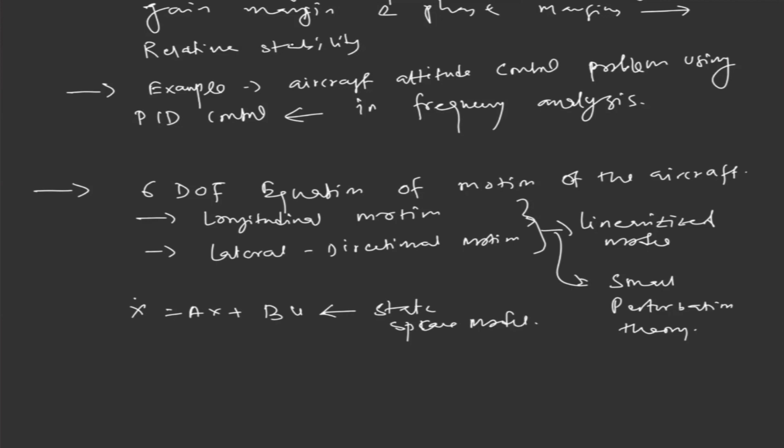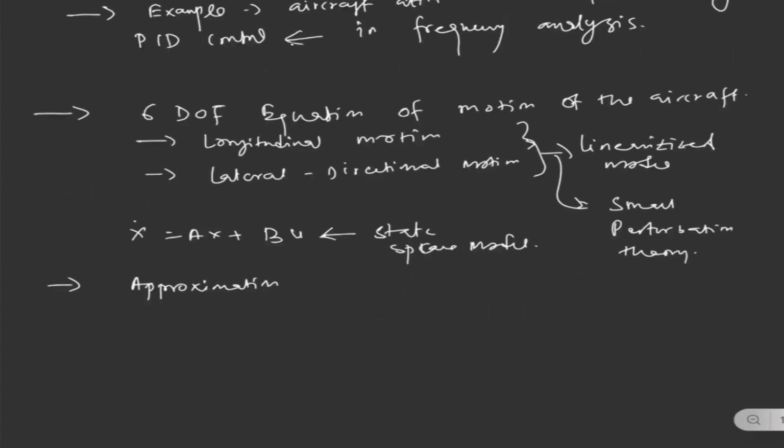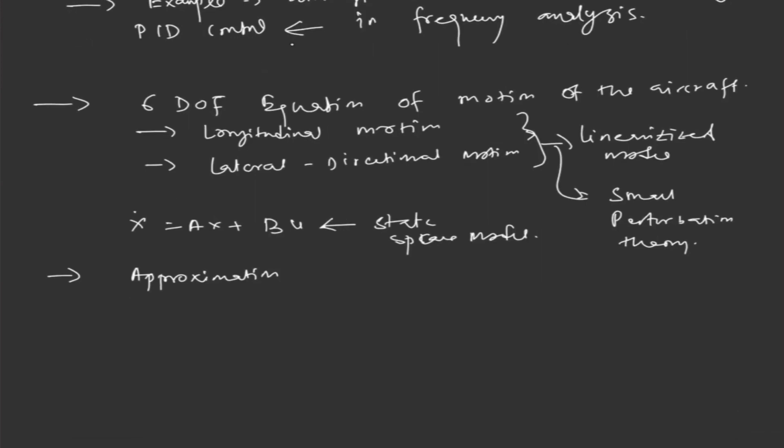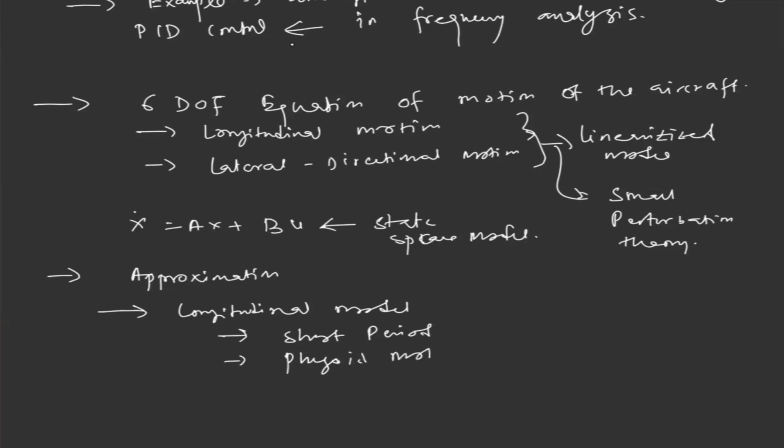So here, we came up with different approximations. For the longitudinal motion, we had two approximations: one is the short period, and one is the phugoid or long period. These motions are characterized by the roots of the characteristic equation, or the roots of the system matrix.